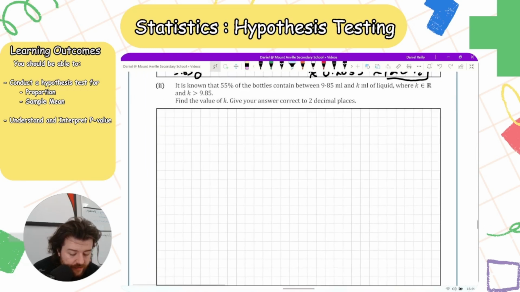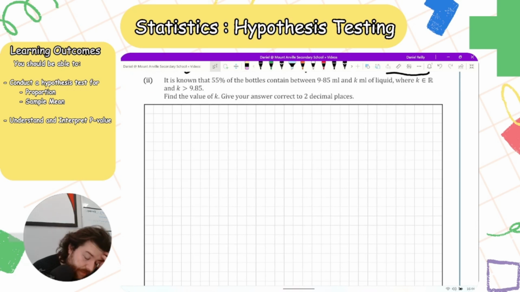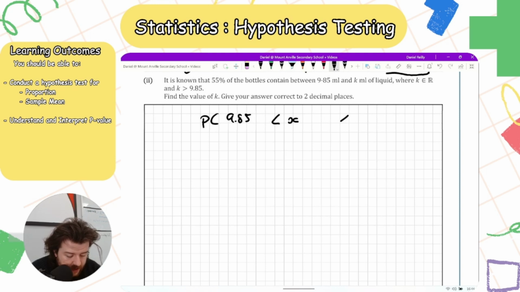Let's have a look here. It is known that 55% of bottles contain between 9.85 milliliters and K milliliters of liquid. Find the value of K. So 55%, so probably that 9.85 is less than X, which is less than K, is equal to 0.55.